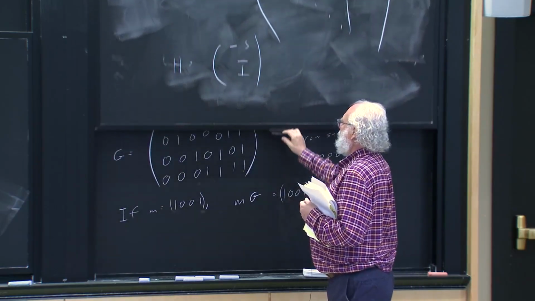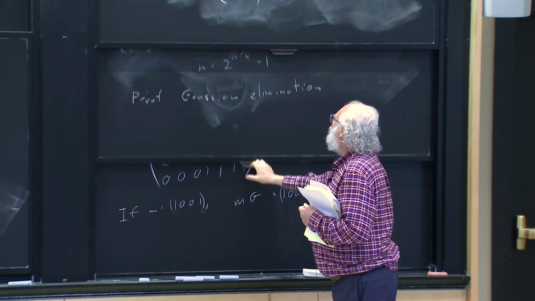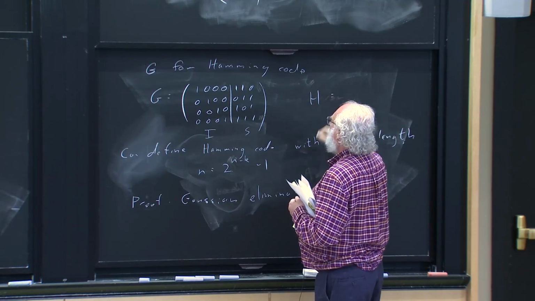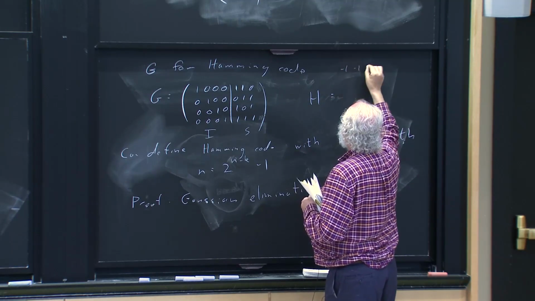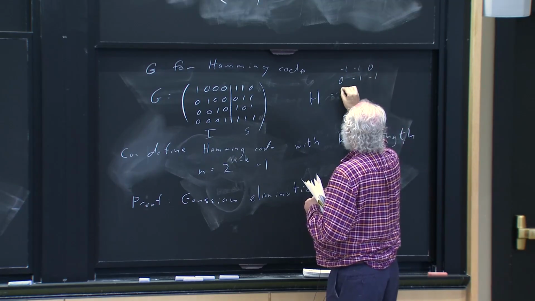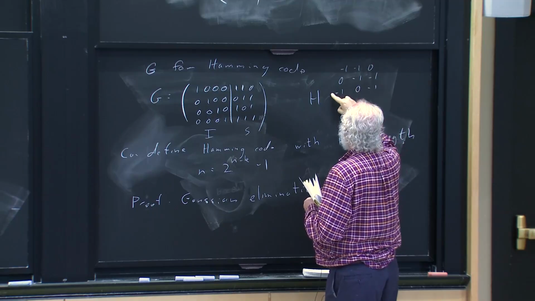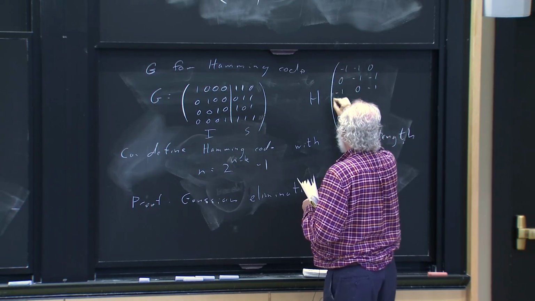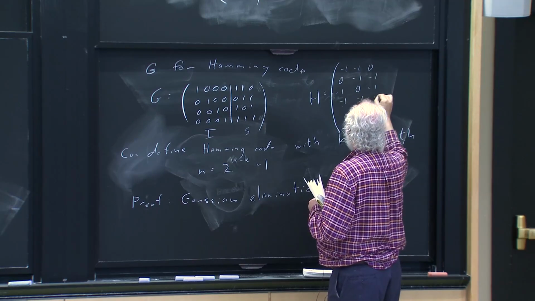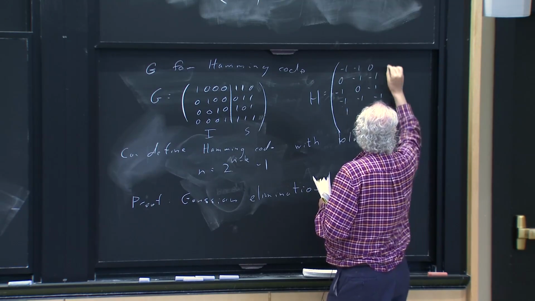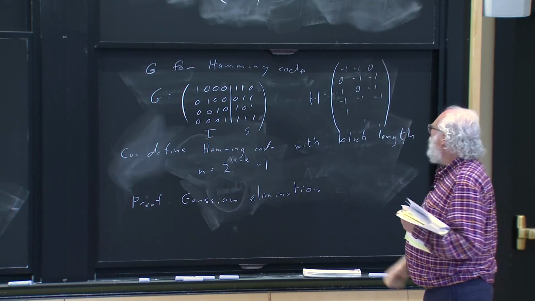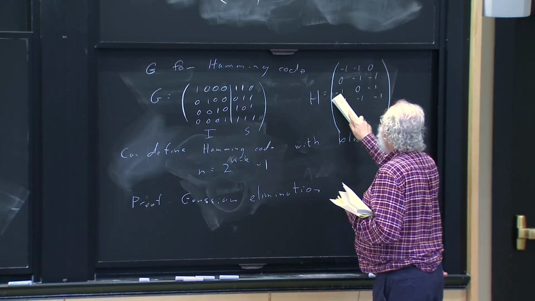So H is equal to minus S, I. I feel stupid putting these minus 1s on because minus 1 equals 1 in binary, so this really could be simplified.